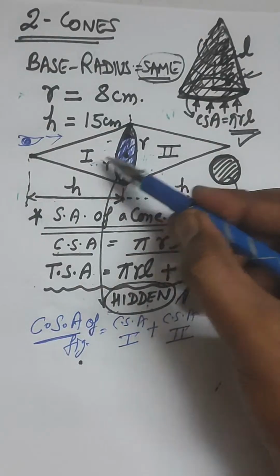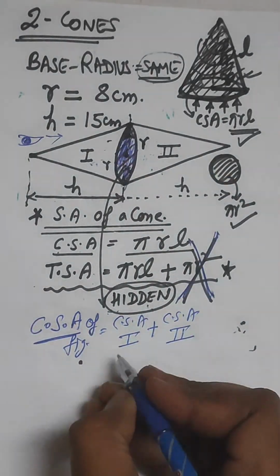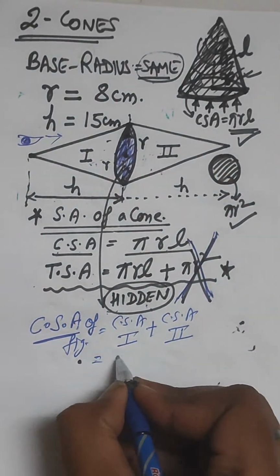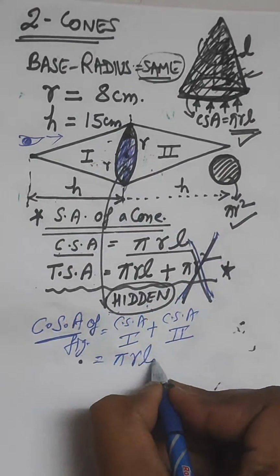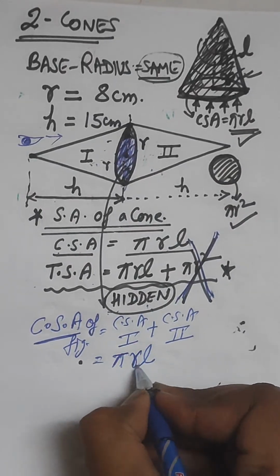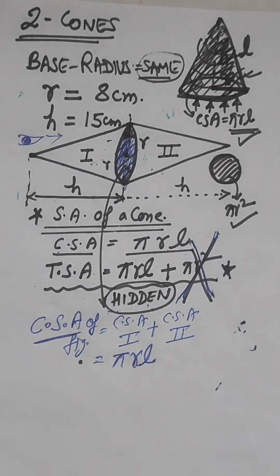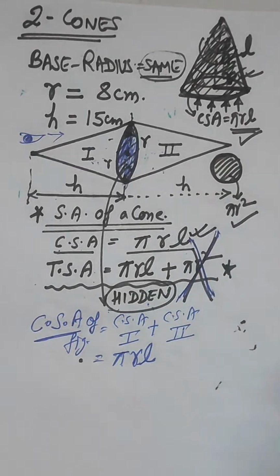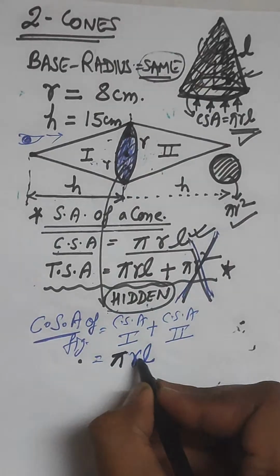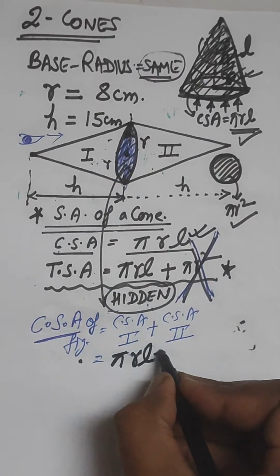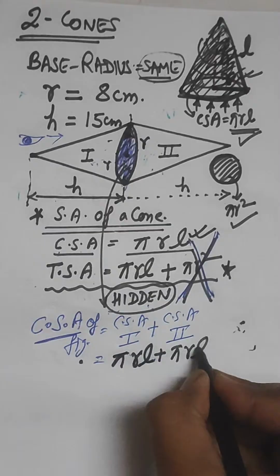This is cone 1, this is cone 2. What is the curved surface area of cone 1? Pi r l. This is nothing new, you already know. So pi r l for one cone and pi r l for another cone.